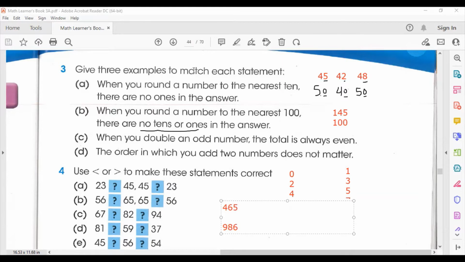We don't need to see anything else, just the last digit at the ones place value. Even if you're talking about tens or hundreds or thousands or 10,000, we just underline the last digit and check, is this odd or even? This is odd, so the whole number is odd. If the last digit is even, it means the complete number is even. Just keep these steps in your mind.